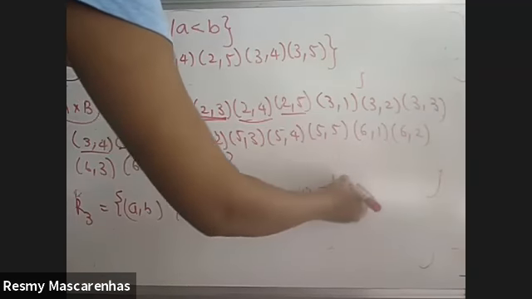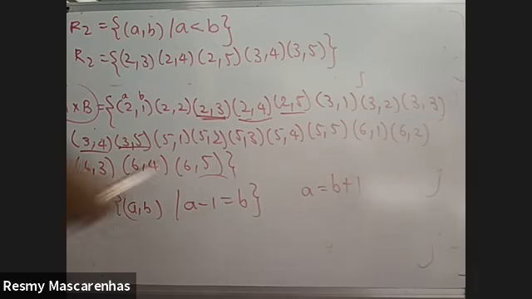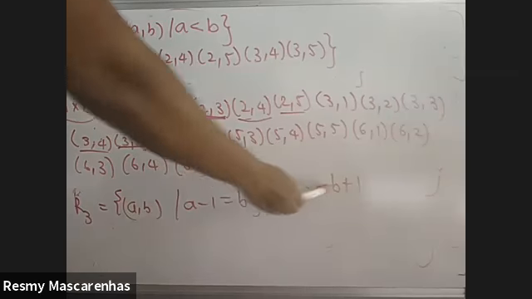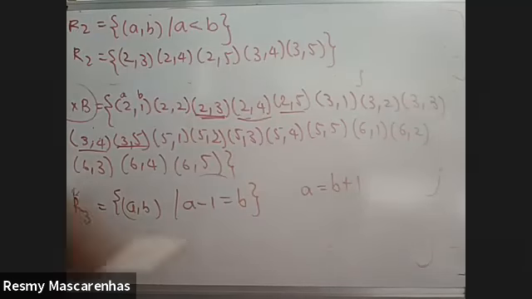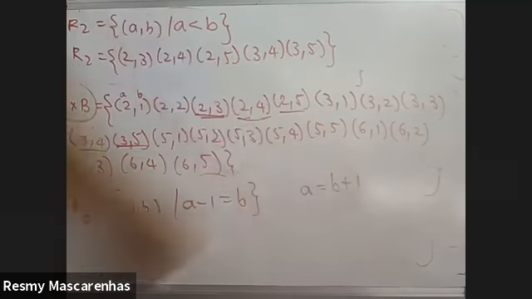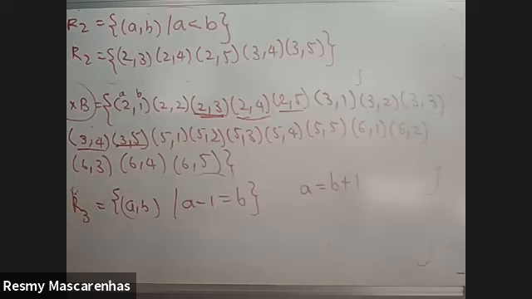A is equal to B plus 1. So if you notice, if A is some number, B has to be one number less than A. The second number B has to be 1 less than the first number.